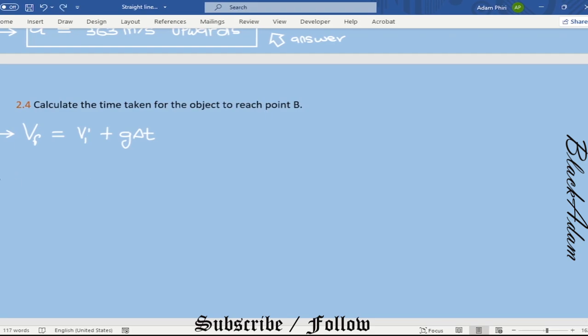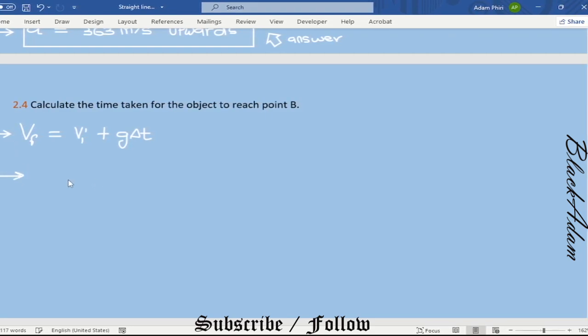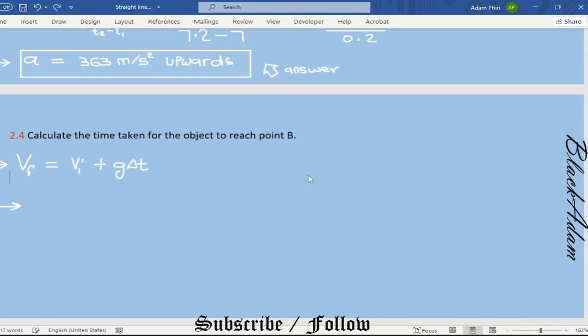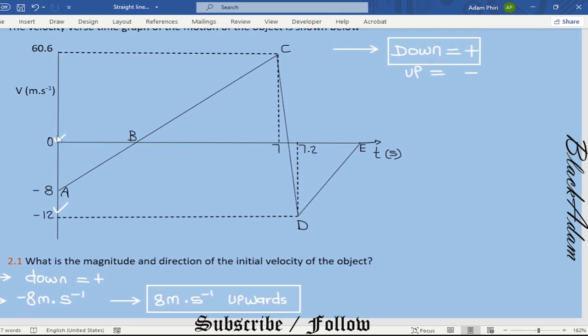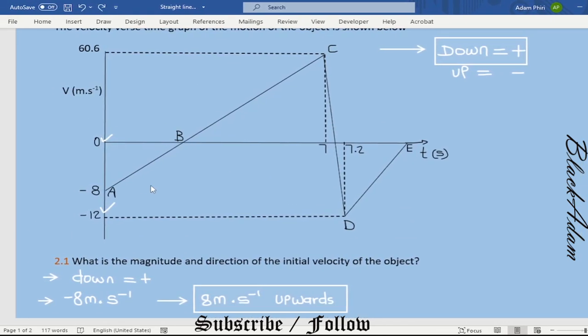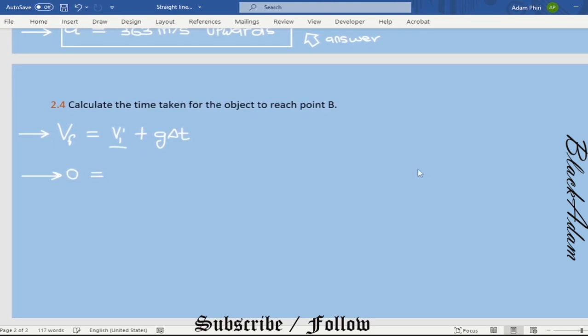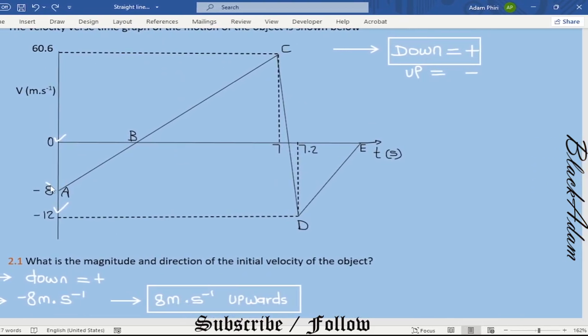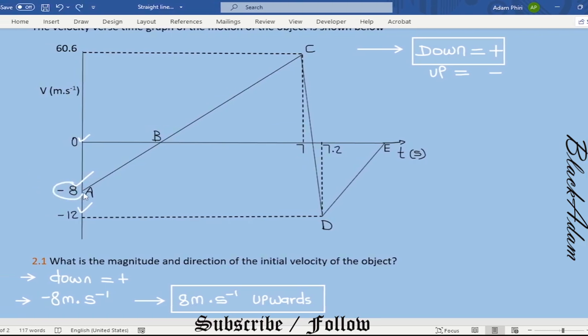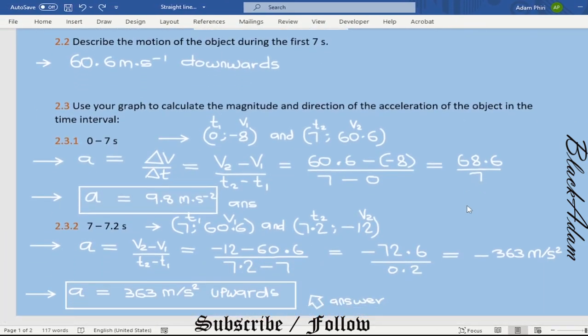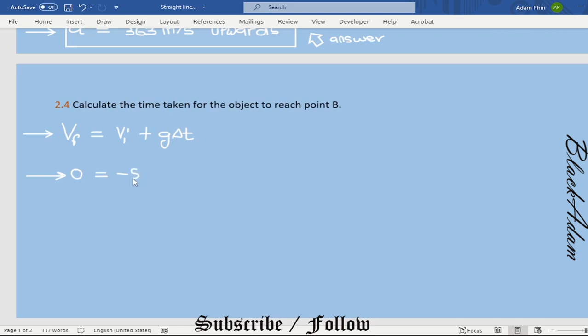The final velocity at B is 0, the initial velocity was -8, and our g has to be positive, remembering we said downwards is positive.